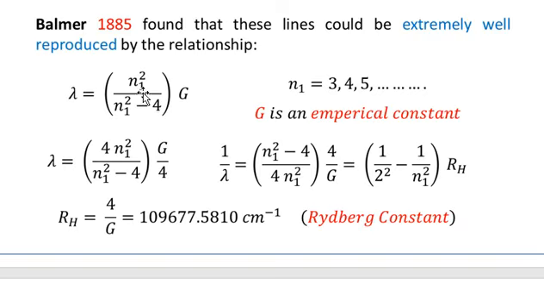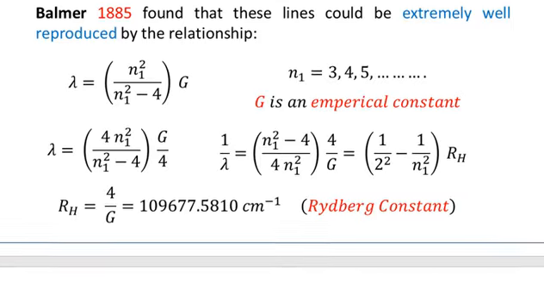A different series of wavelengths coming out as an emission spectrum from the hydrogen atom can also be explained with this formula using a different index at the initial place, that is, 1 over the square of 2 can be substituted by 1 over 1 square, 1 over 3 square, 1 over 4 square, 1 over 5 square, and so on. The resulting formulas will explain all the emission spectrum of the hydrogen atom.